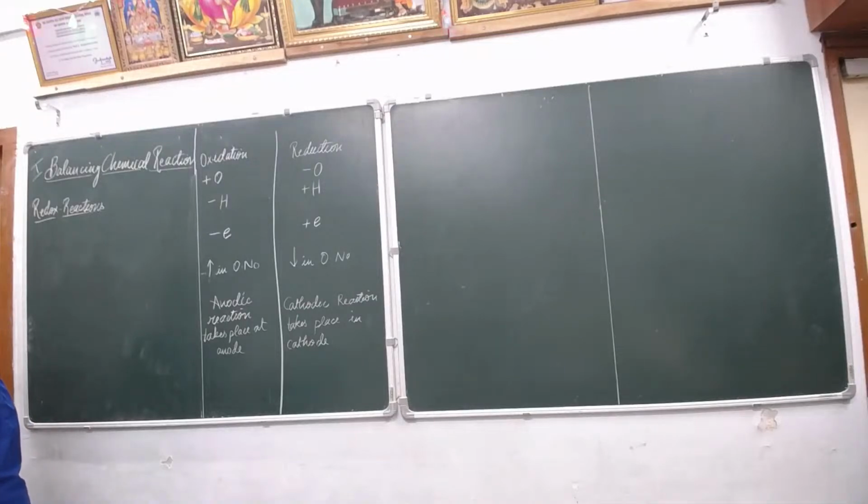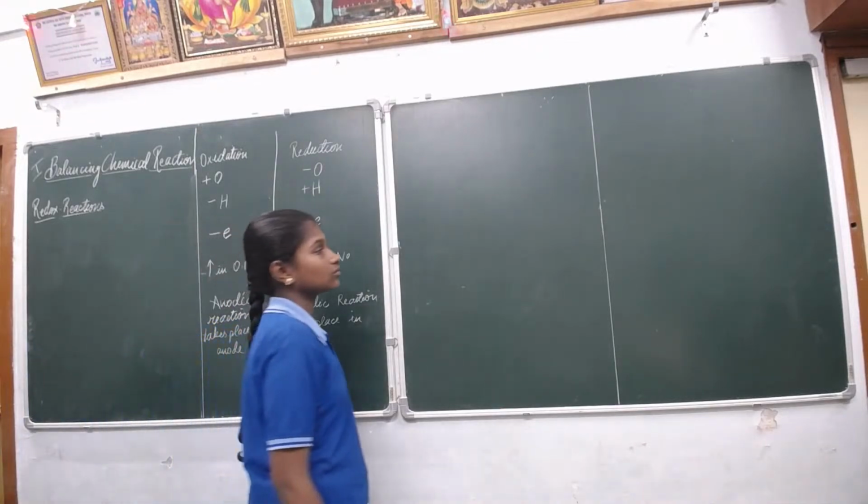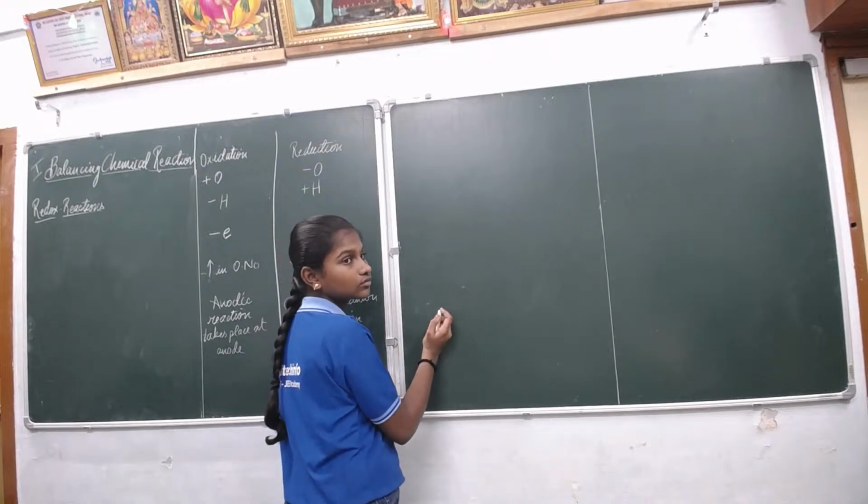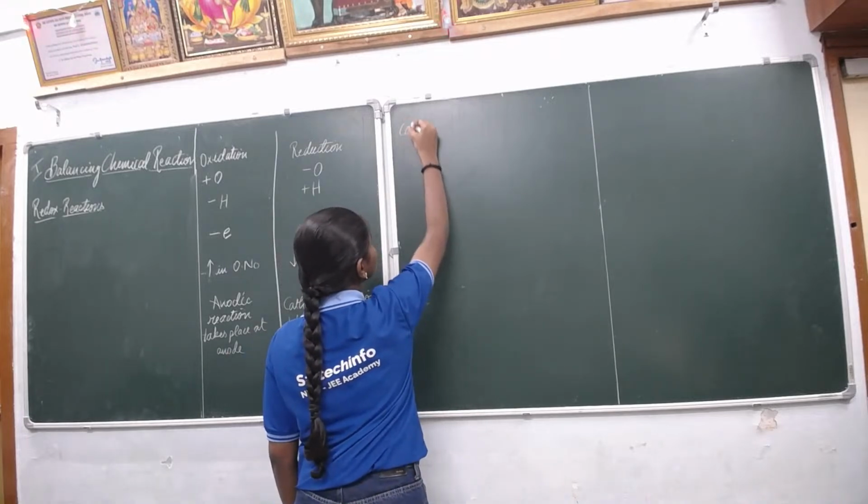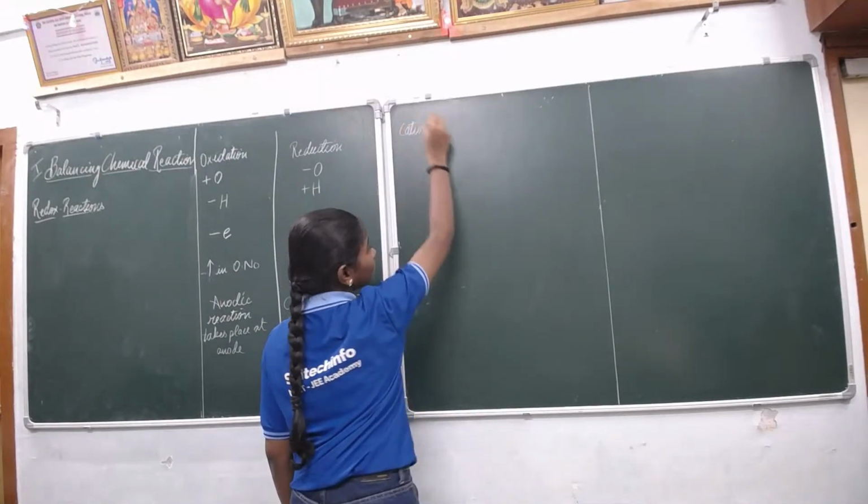Now, most of the students are struggling with the nomenclature of the general inorganic salts or acids or bases, for which they should be familiarized with the cations and anions. So you can come to this board and let us explain about cation and anion. First put cation in the first column, and in the next column you can put anion.